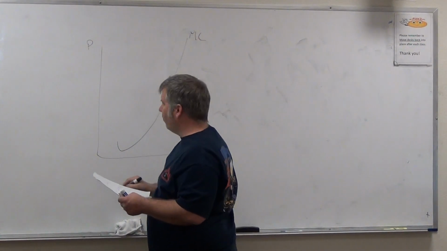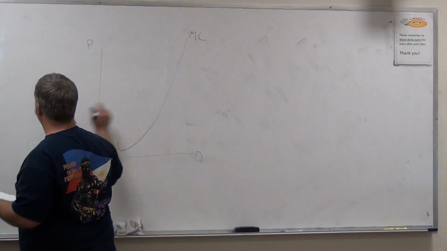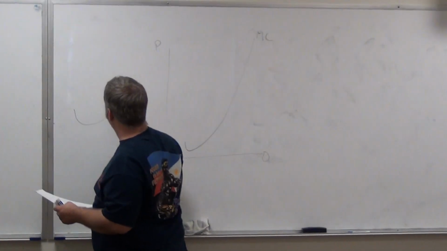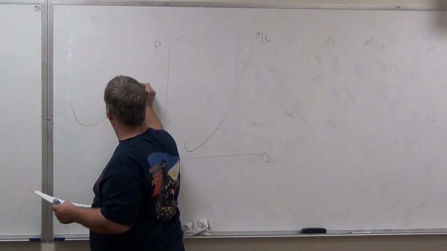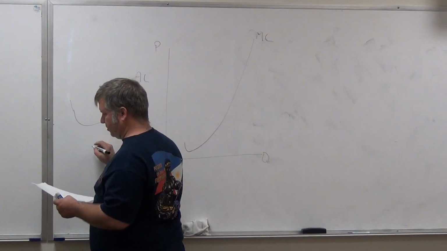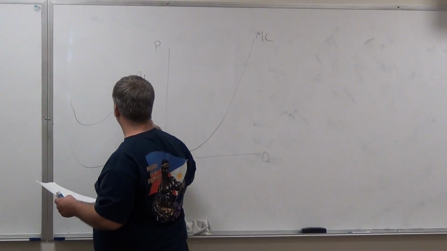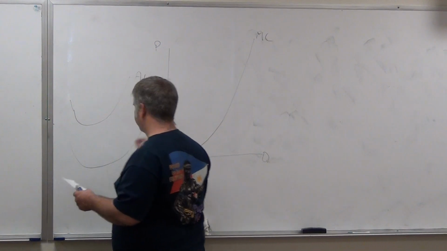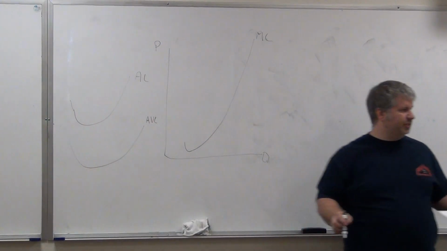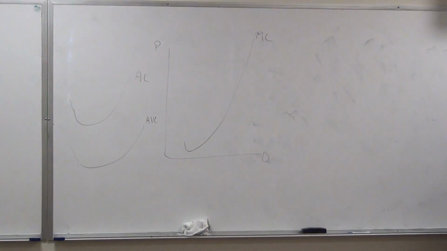And then they give you an average cost curve on the graph, and they give you an average variable cost curve. And the question asks you to figure out where to put the average cost and the average variable cost. And I'm going to show you that in a second here.